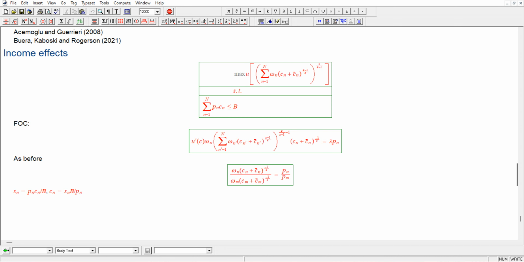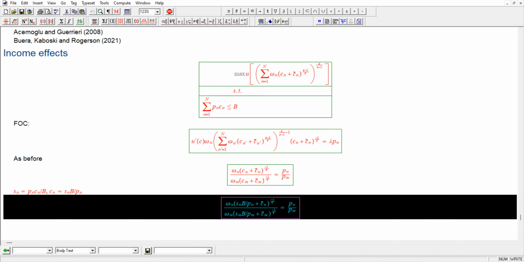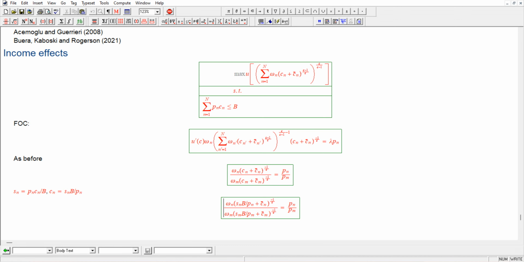I'm going to try and rewrite this, and you'll see very clearly that unlike the case before, there is just not going to be any way in which I can rearrange this equation so that B is going to come out.